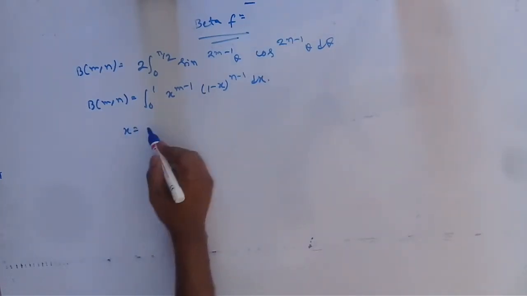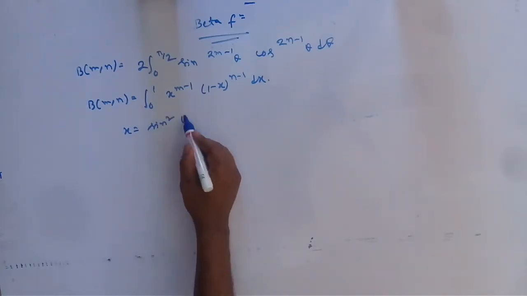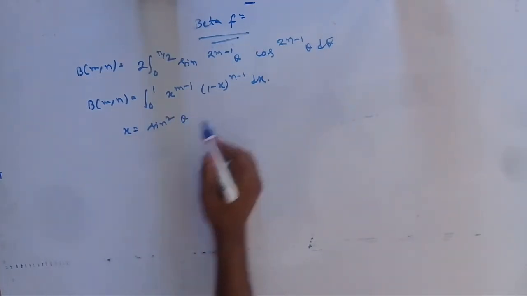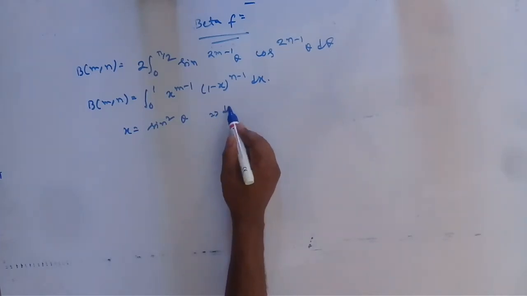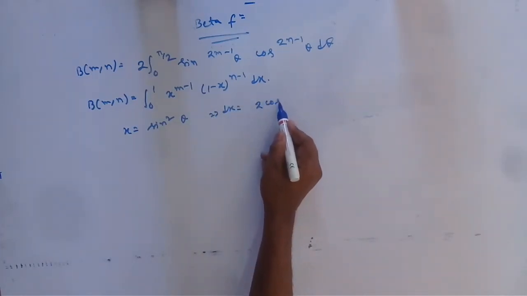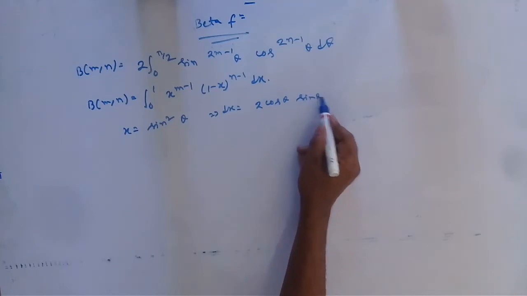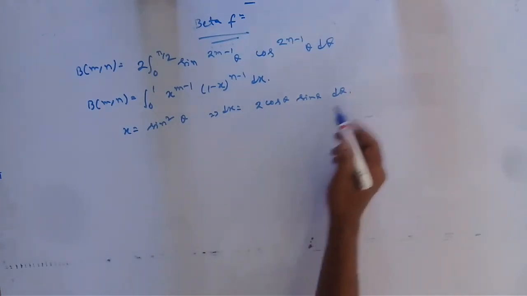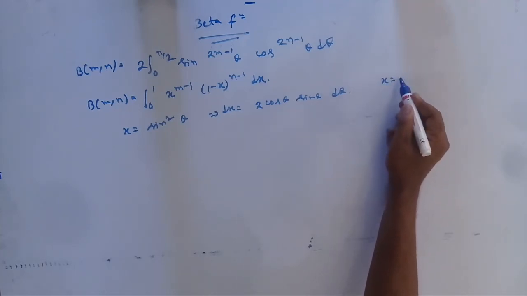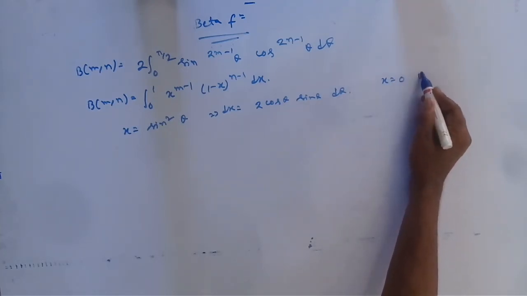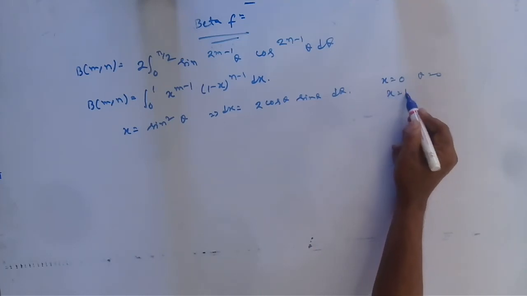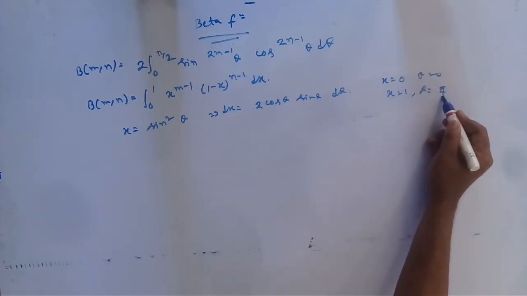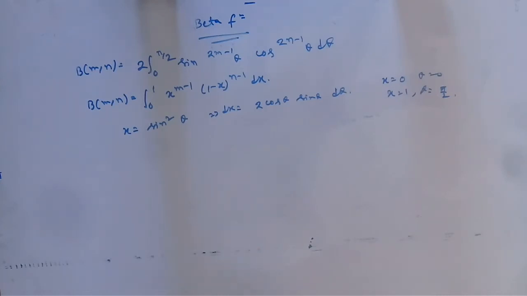Let us put x equal to sine square theta, then dx will be 2 cos theta sine theta d theta, and this will not be minus. When x equal to 0, then theta will be 0, and when x will be 1, then theta will be pi by 2.